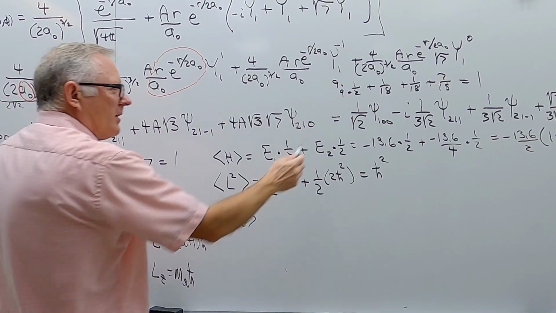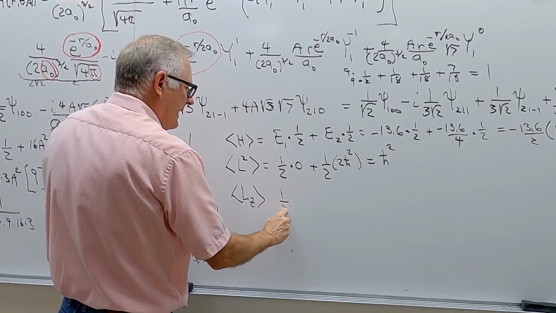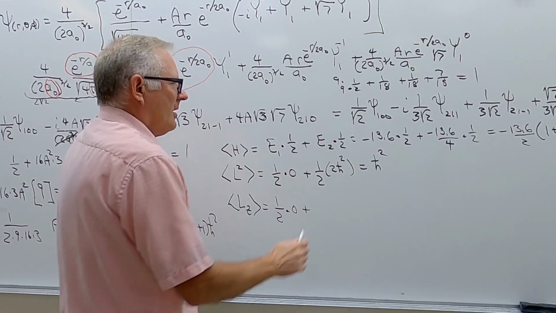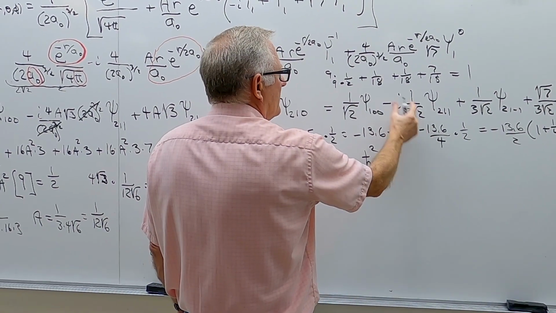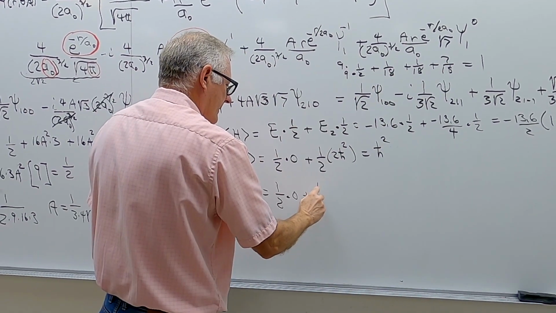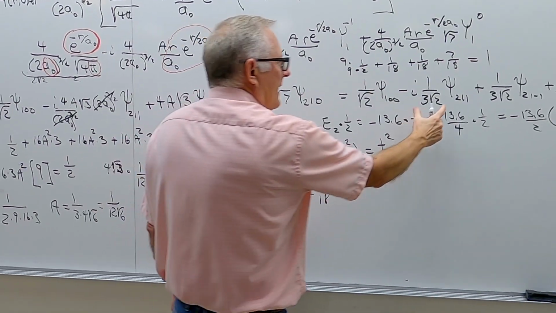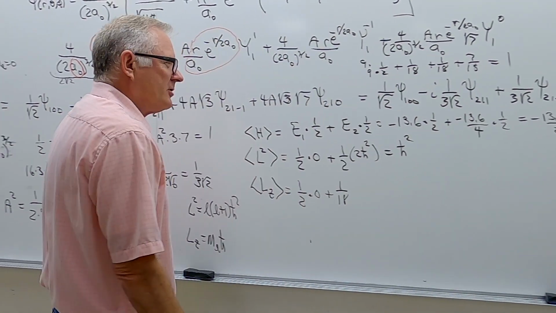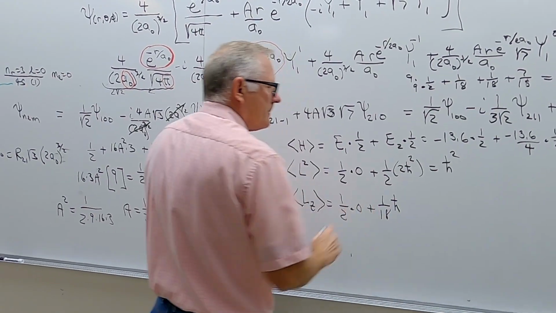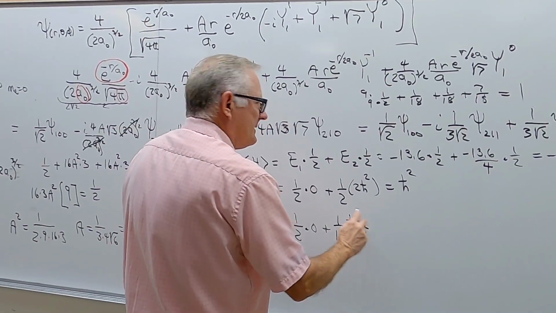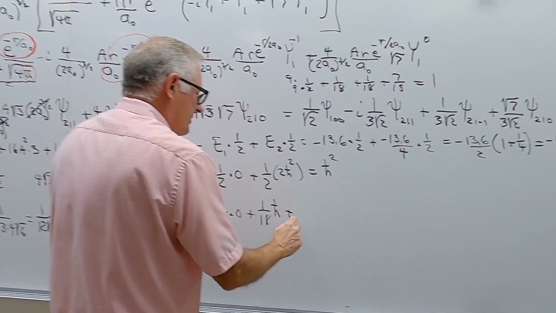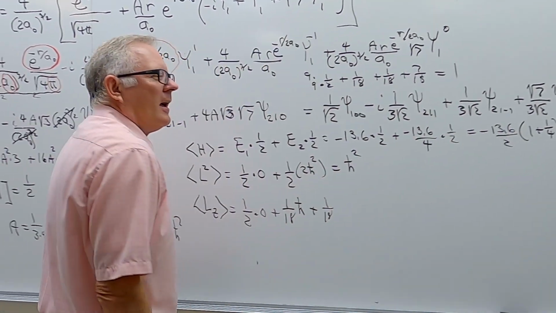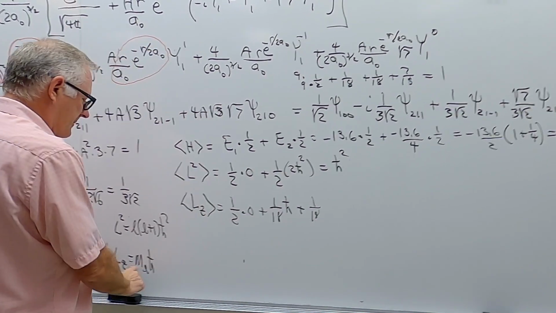But so on this one, we get the probability there, which is 1/2 times the value, which is 0, plus the probability of this one, which we said was 1/18, times the value, m sub L is 1, that would just be h bar, plus the probability of this one, which is 1/18th, times m, that's minus h bar, because m sub L is minus 1.